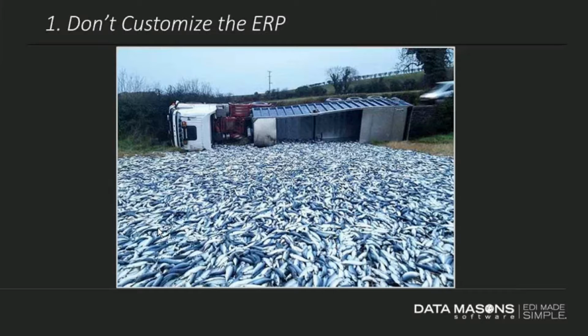And again, customizations seem to never end when you try to embed them all inside the ERP. So we see that as being one of the more common scenarios that companies come to us and say, hey, can you help us with this issue?